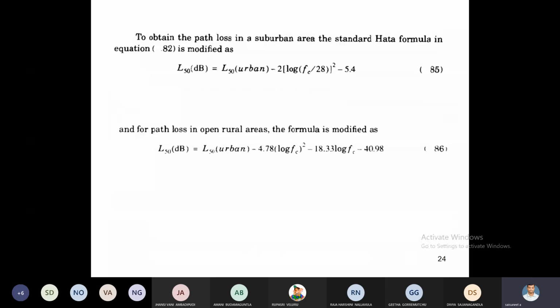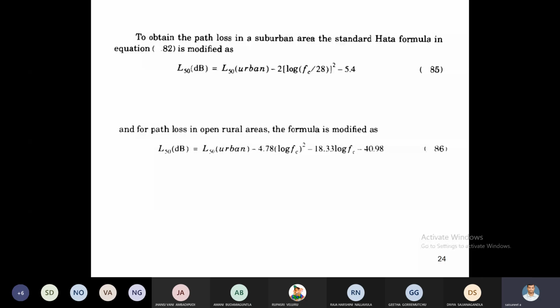Similarly, we have to calculate the path loss for rural areas by using the Hata model. That is L50 in dB, which is equal to L50 urban minus 4.78 log FC square minus 18.33 log FC minus 40.98.